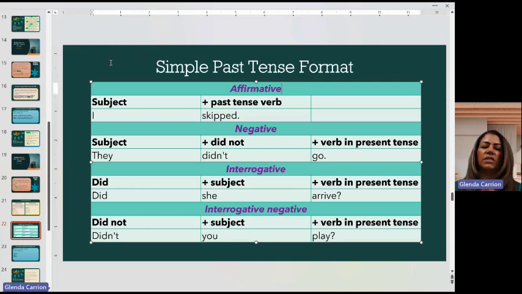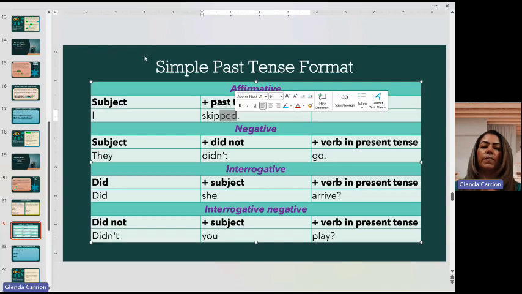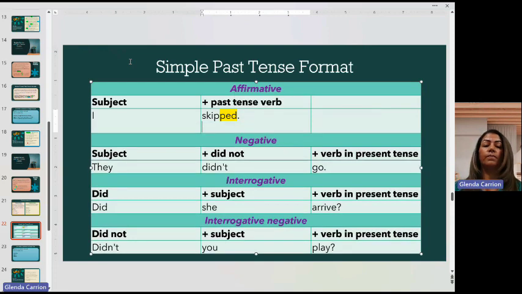I skipped. This verb in present tense, it's actually skip. All right. And we add the ED to that verb to make it past tense. But this is the only time that you need to really use the past tense.